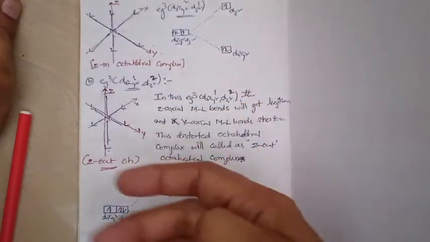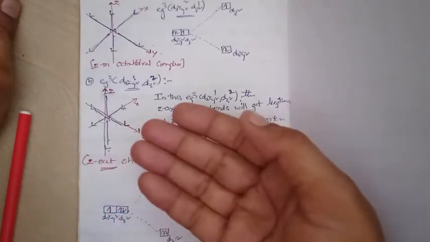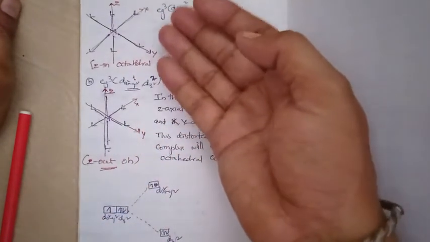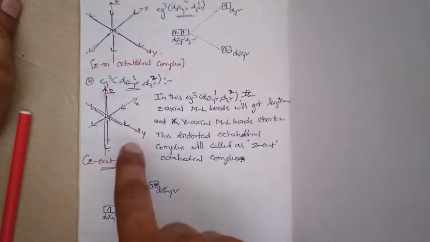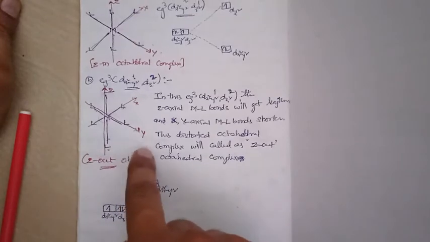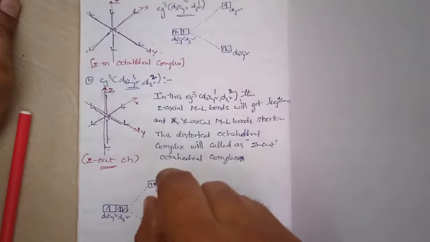The Z out structure has 4 stronger bonds and only 2 weaker bonds, so it exists, rather than the Z in structure having 4 weaker bonds and 2 stronger bonds, right? So this Z out structure is a very possible structure in distorted octahedral.